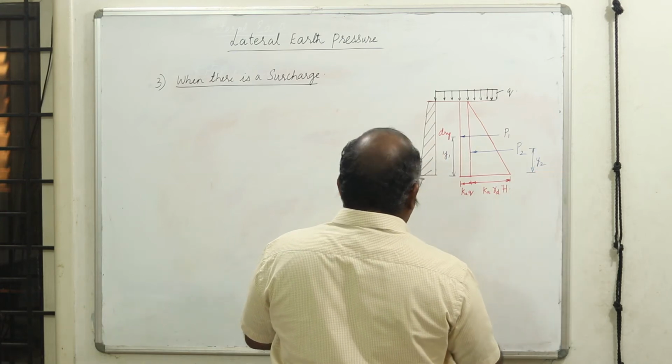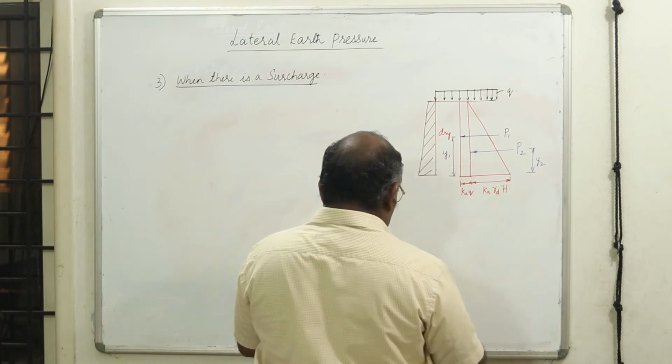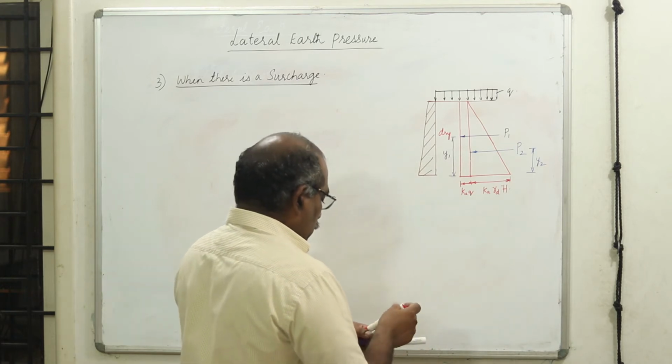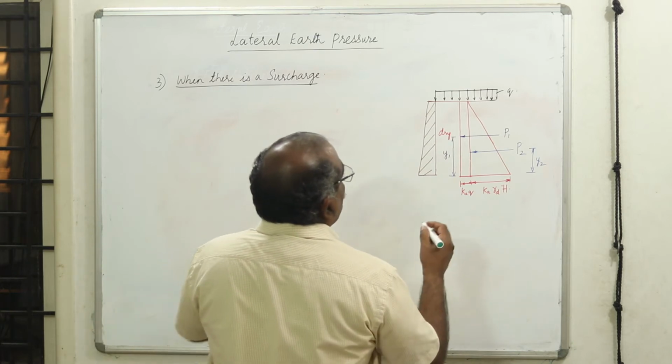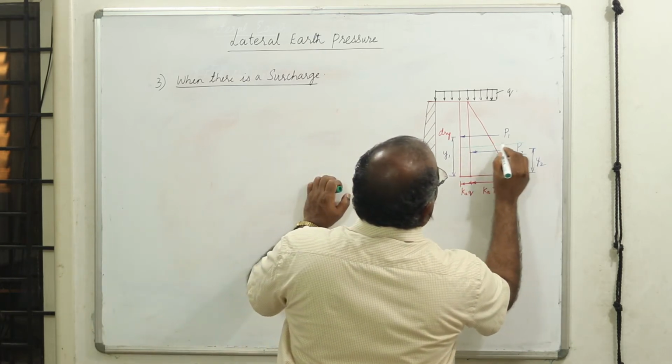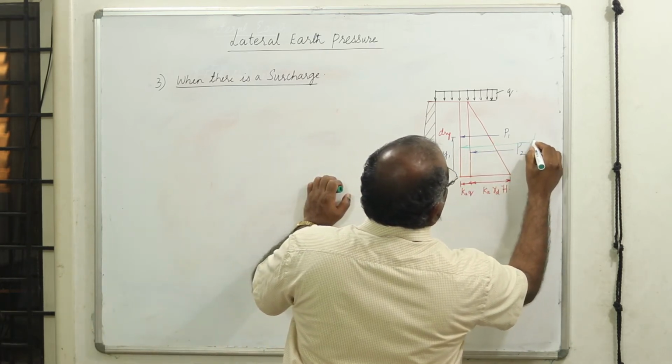In a triangle, always we reckon the distance, the line of action from the base, and the total thrust will be somewhere here. This is the total thrust P.